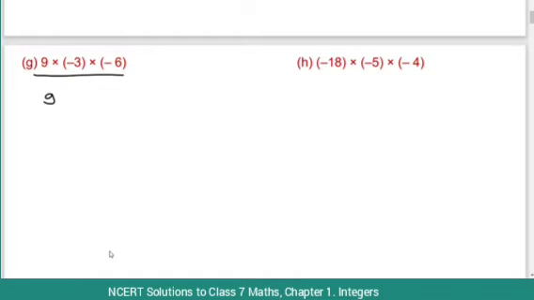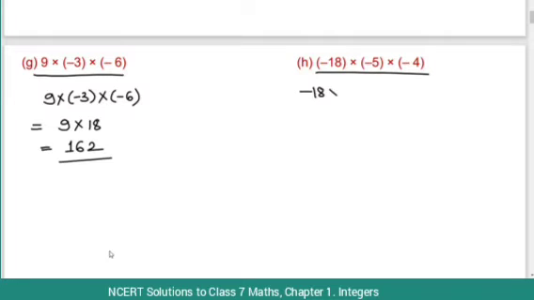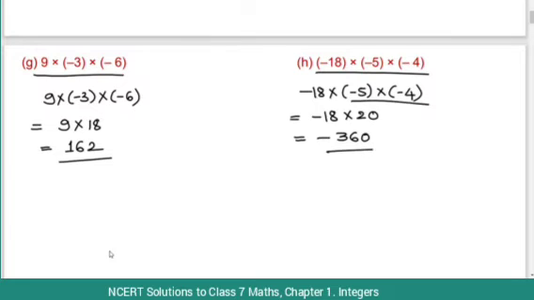G, 9 into minus 3 into minus 6 is equal to 9 into 18, 18 9s are 162. H, minus 18 into minus 5 into minus 4, which is equal to minus 18 into 20, that is minus 360.